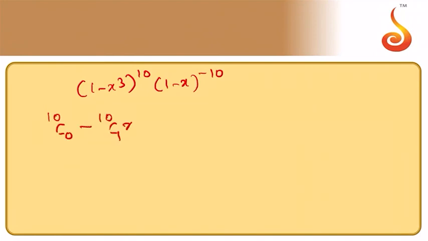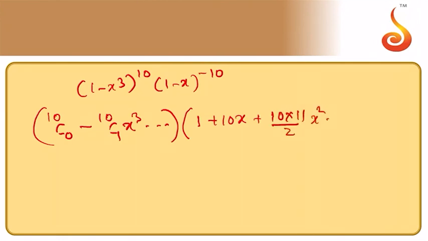So we want the coefficient of x to the power 4. I write once again here (1 minus x cube) to the power 10 into (1 minus x) to the power minus 10. So we get 10C0 minus 10C1 x cube; further we don't require.